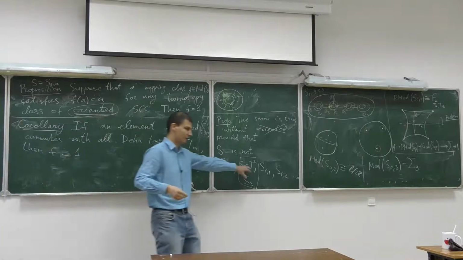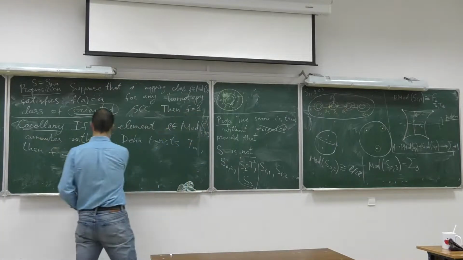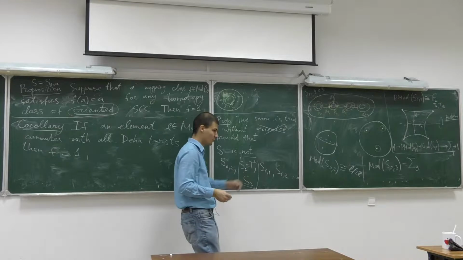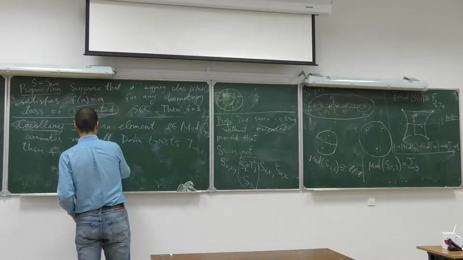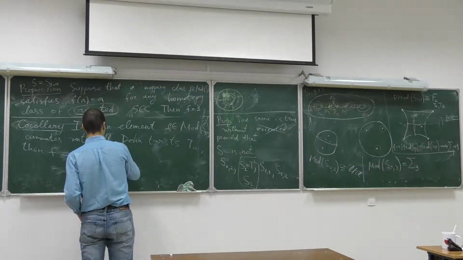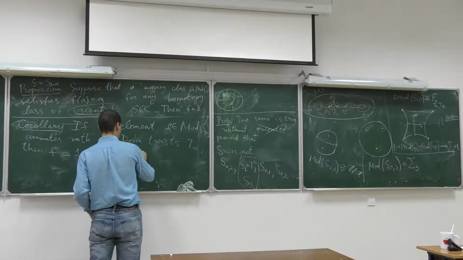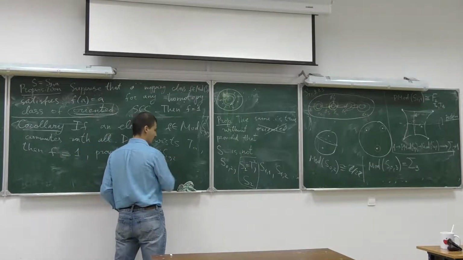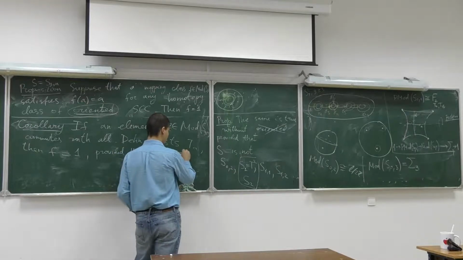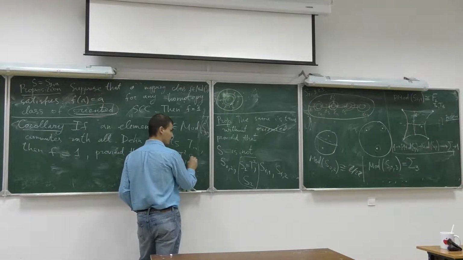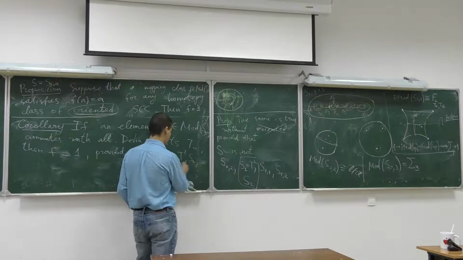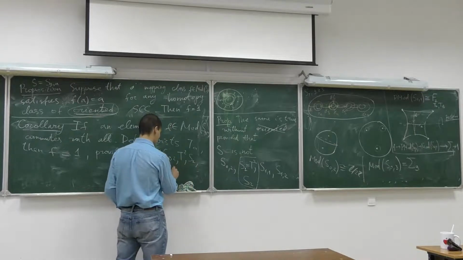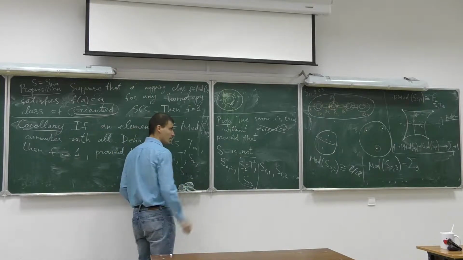Again, provided that we are not in these exceptions: provided that S is not a sphere with two punctures, a torus, a surface of genus 2, a once punctured torus and a two punctured torus.